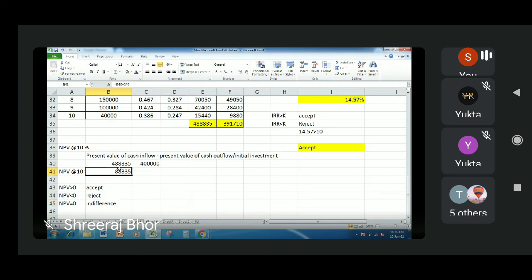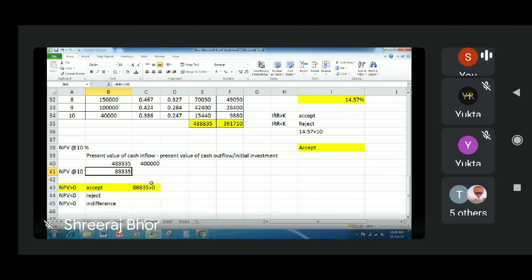So in this case, the answer is 88,835. So it is more than 0, so this criterion is applicable. So 88,835 is more than 0, so we can accept this project because the NPV answer is more than 0.